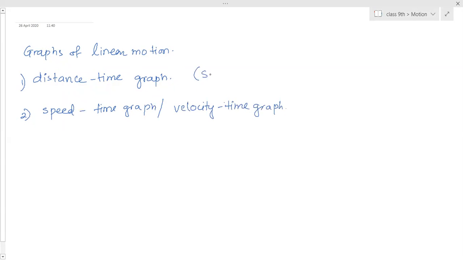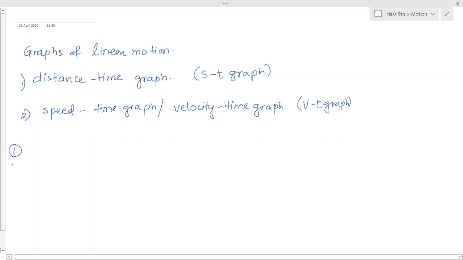This is called the ST graph. S is the distance, so it is called the ST graph in short, and the speed time graph is called the VT graph. One by one, we have to see the graphs for different conditions.